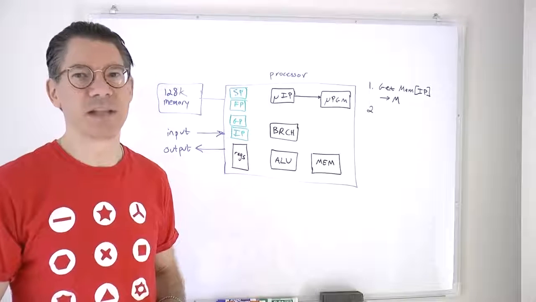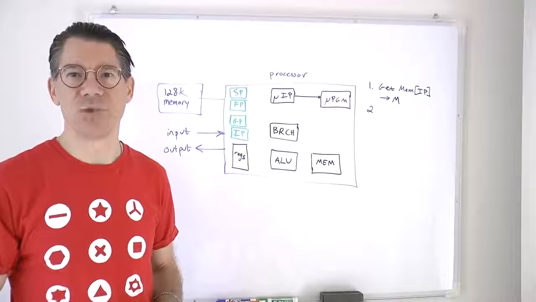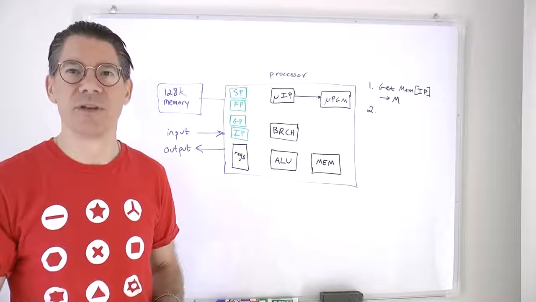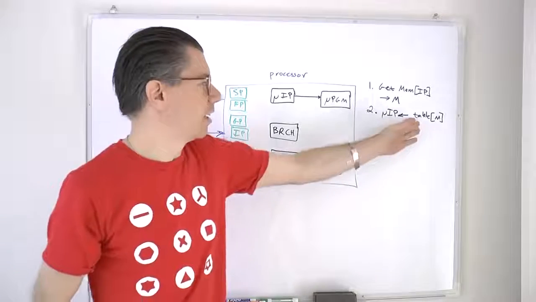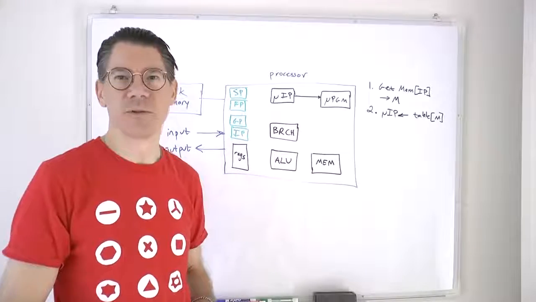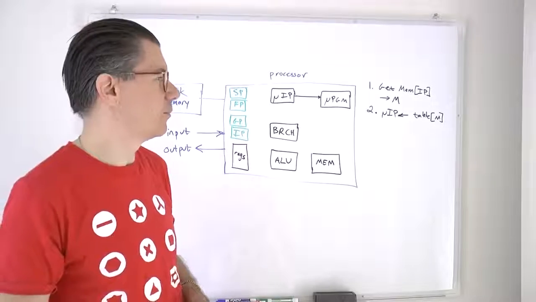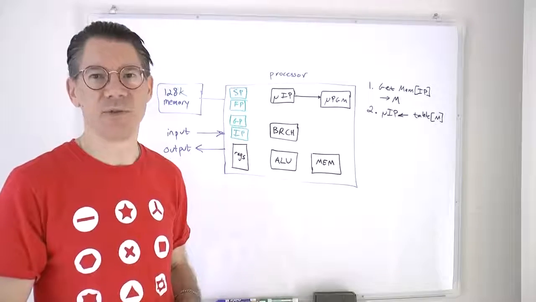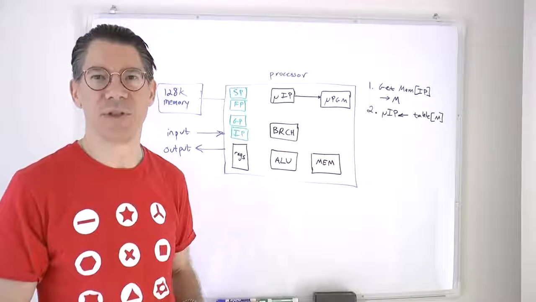So the very first thing that we're going to need is a table that tells us where in the microprogram the no-op code is. So what I did was I gave us some sort of micro-instruction that has some kind of a table somewhere, and you index into that table using M, and you load the micro-instruction pointer with that.